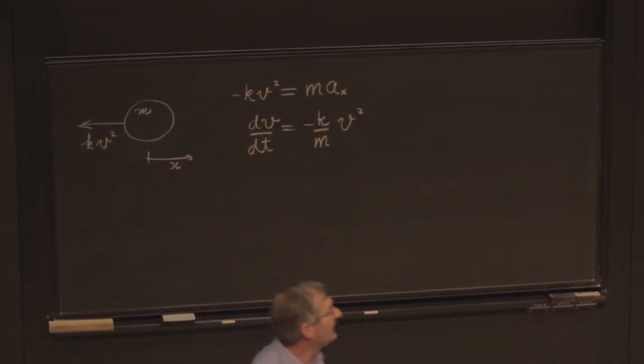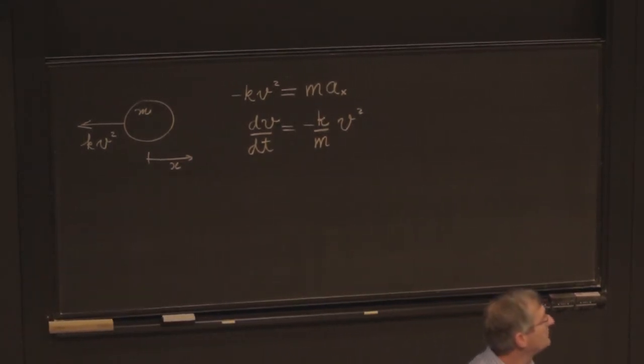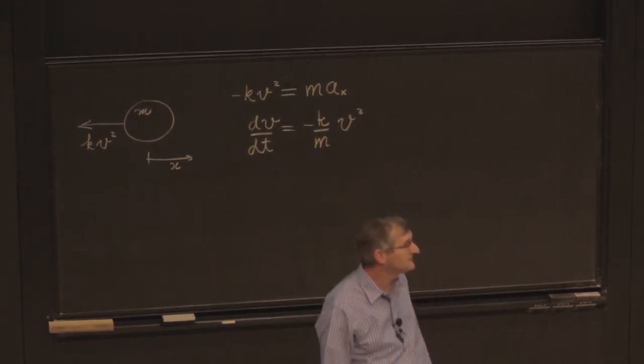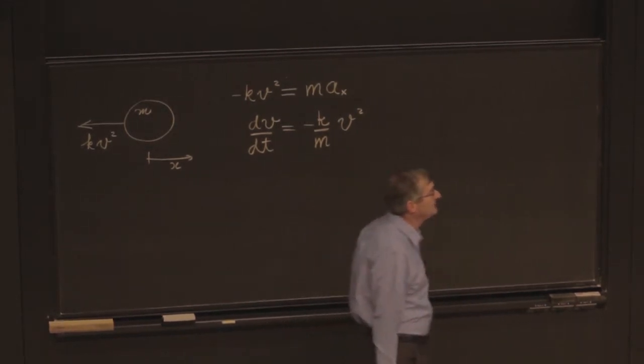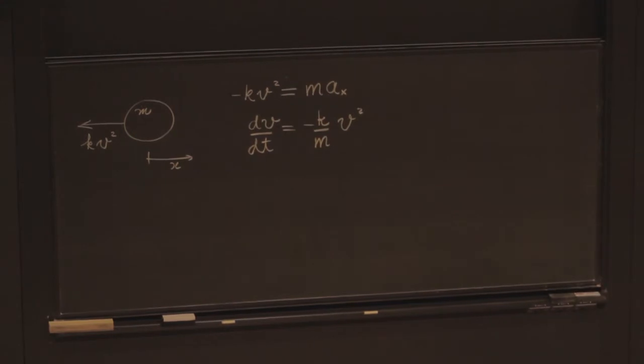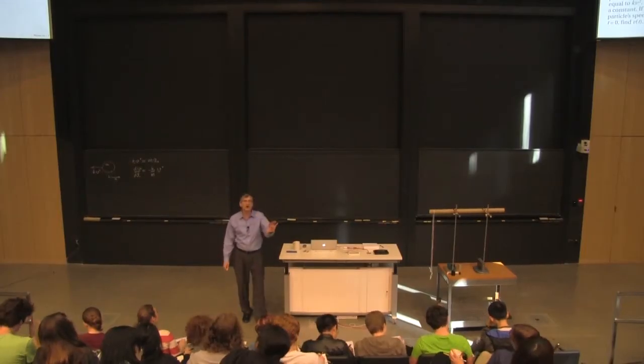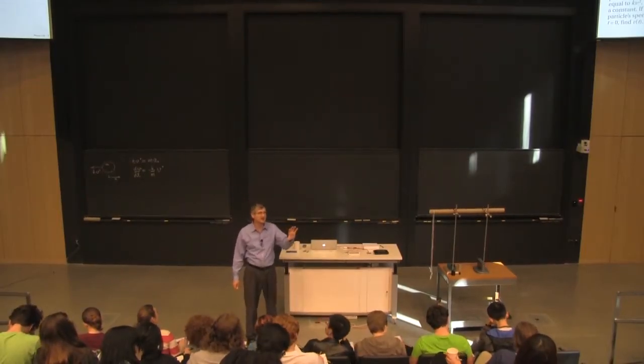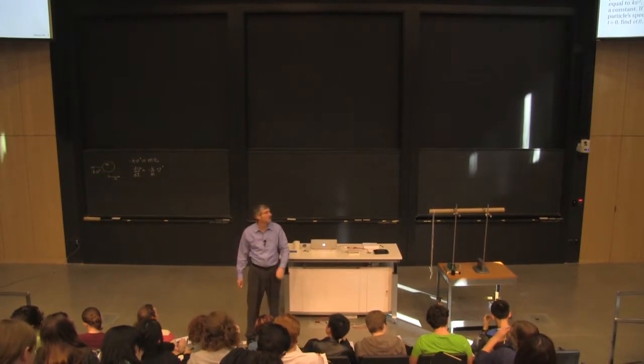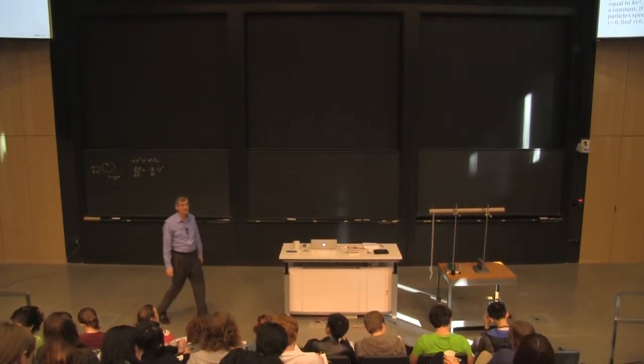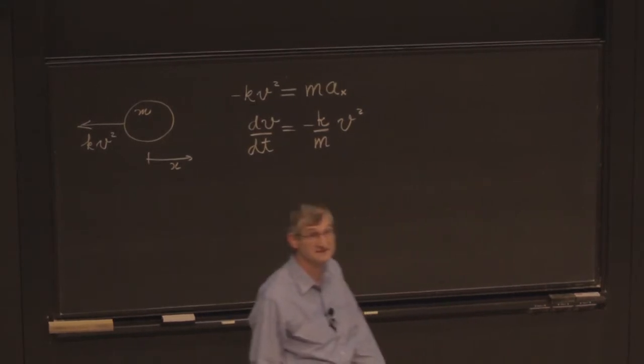So this kind of drag, this quadratic drag, is appropriate when things are moving fairly swiftly. And it says that the retarding force is large when the velocity is large, and then it gets progressively smaller as the thing slows down. So it may actually take it quite a while to come to rest.